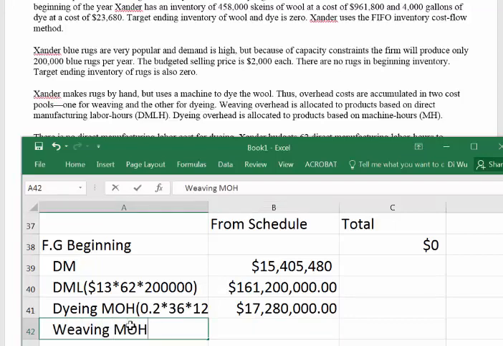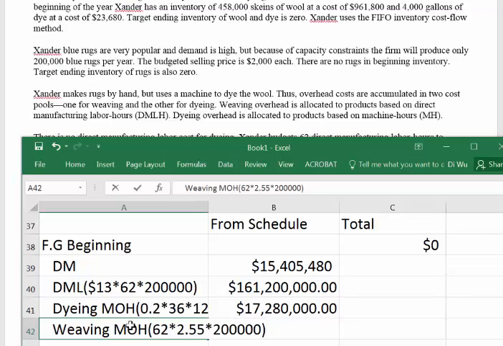Next is weaving manufacturing overhead. We are looking at 62 manufacturing labor hours per rack, multiplied by $2.55. That's the overhead rate, and that's only for one rack. Now we are looking at 200,000 racks.